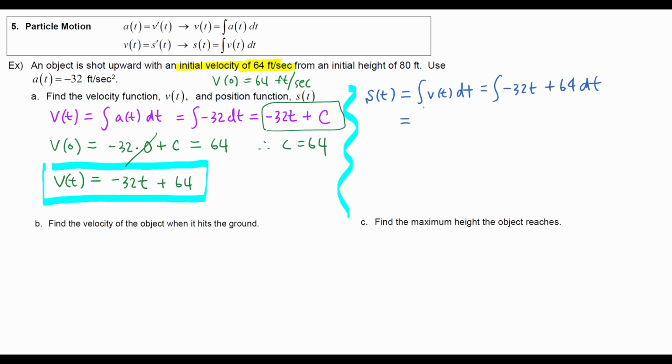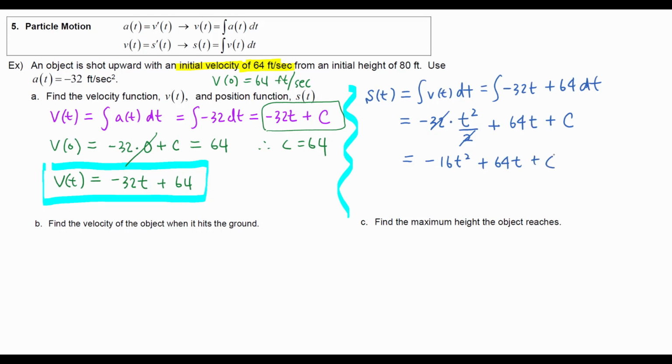When you take the integral of that, negative 32t is negative 32 times, we're going to gain one power, so it becomes t to the second power divided by that power, plus 64t plus the constant of integration c. So these cancel, and I get negative 16t squared plus 64t plus c.